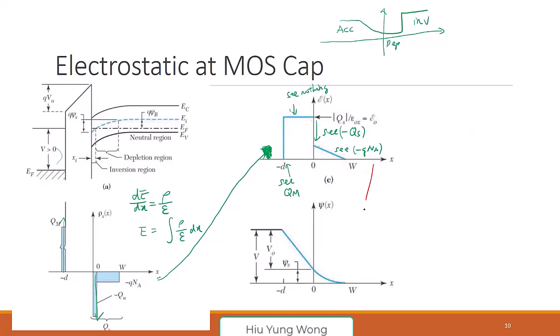But then how do I get the potential? Again, d phi/dx equals the electric field. So how do I get potential? Just integrate the electric field over distance. So now I look at this, I start integrating, right?